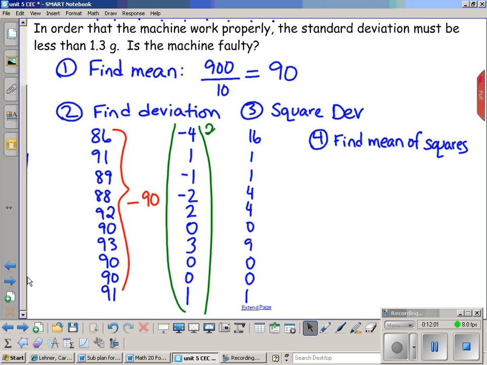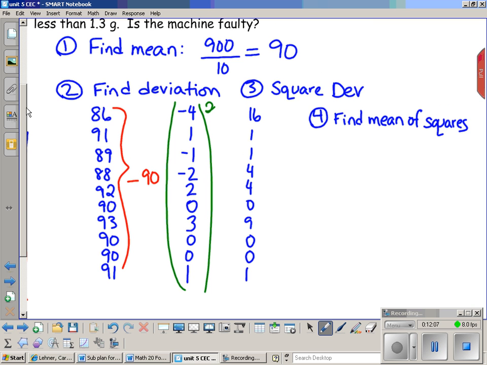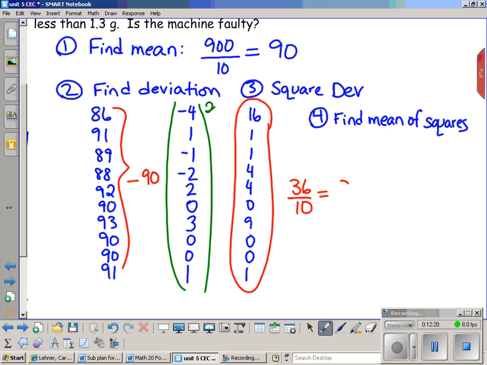So we're going to add up this column here and then divide by 10. So we have 36 and divide by 10. We have 3.6. And then the last step is to square root the mean.